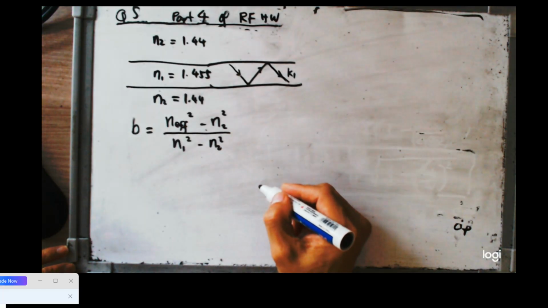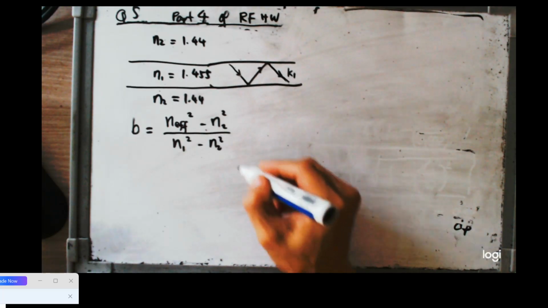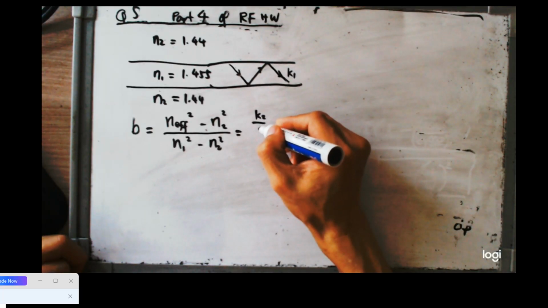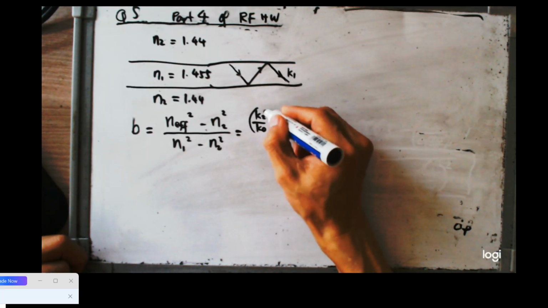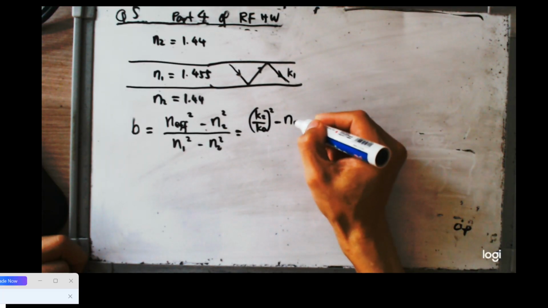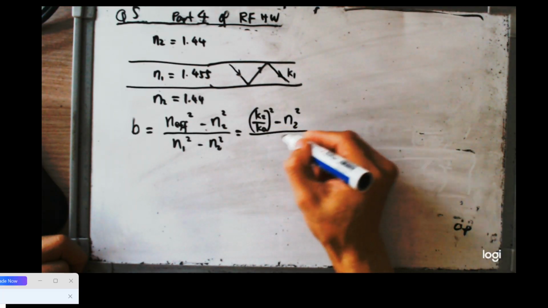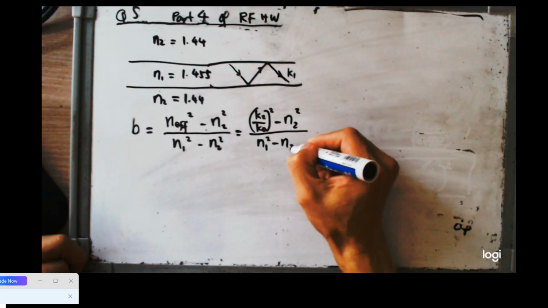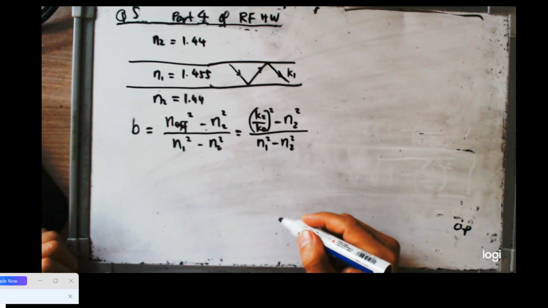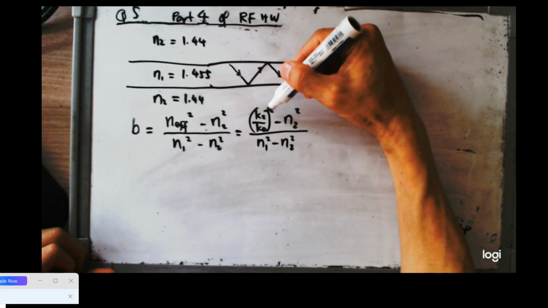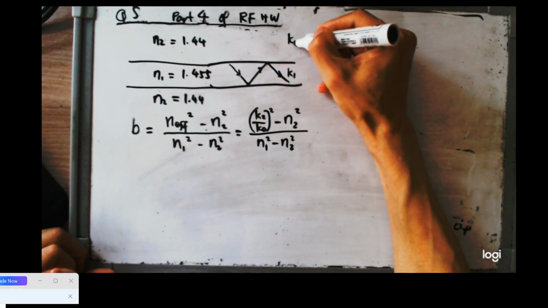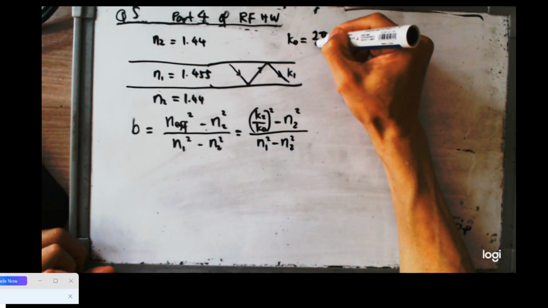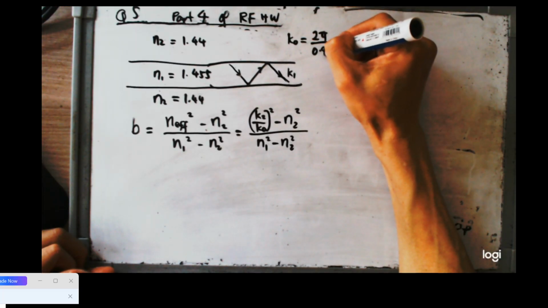And here we can work this out, and we have all the information. k0 is equal to 2 pi divided by the wavelength 0.9.